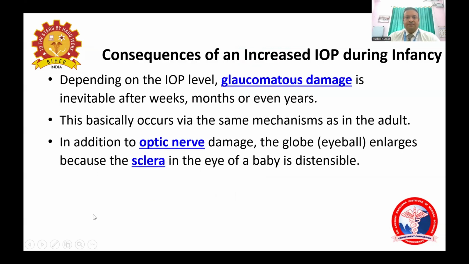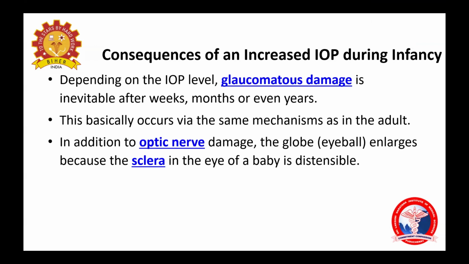What are the consequences of increased intraocular pressure during infancy? Depending on the intraocular pressure level, the glaucomatous damage is inevitable after weeks, months, or even years.